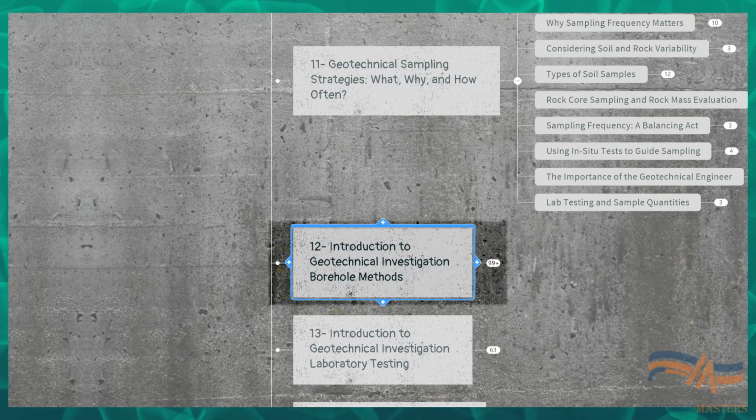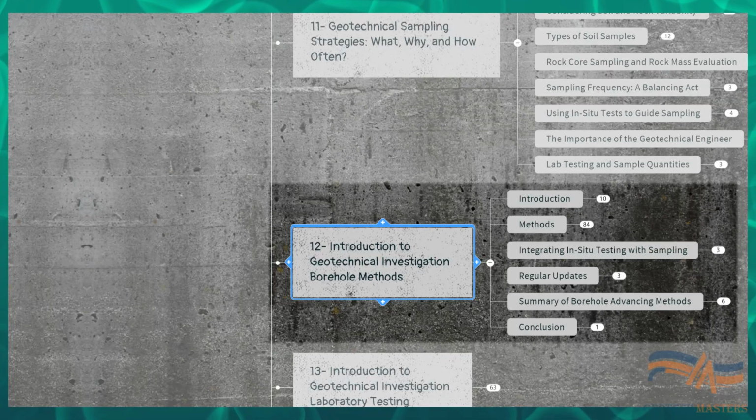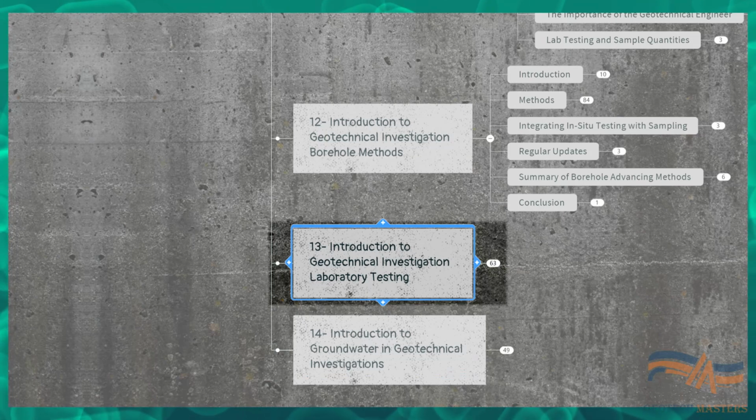Episode 12, Introduction to Geotechnical Investigation Borehole Methods. This session discusses the different methods we use to create boreholes, how to choose the right method for various soil types and site conditions, and how these methods integrate with sampling and testing. Episode 13, Introduction to Laboratory Testing.